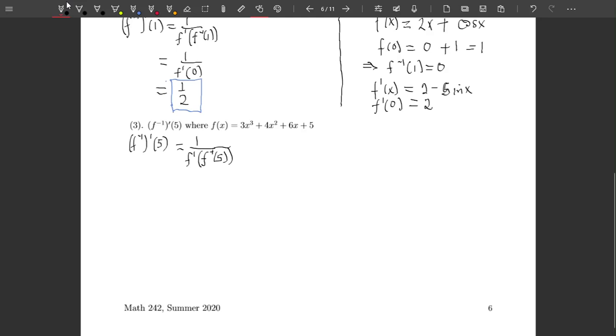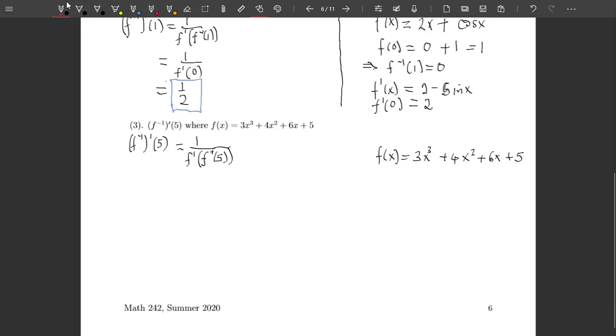How do we get that? Well, we could do it somewhere. I know by definition that I was given that f of x is equal to 3x cubed plus 4x, or 4x squared please, plus 6x plus 5.